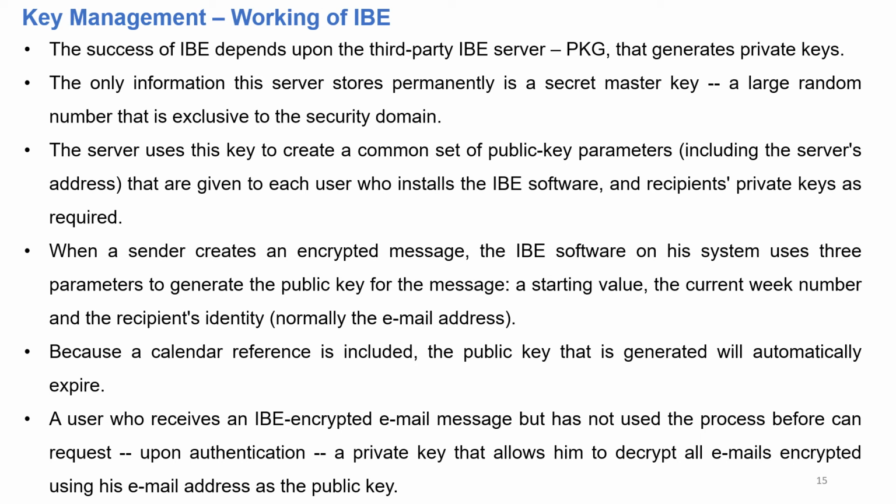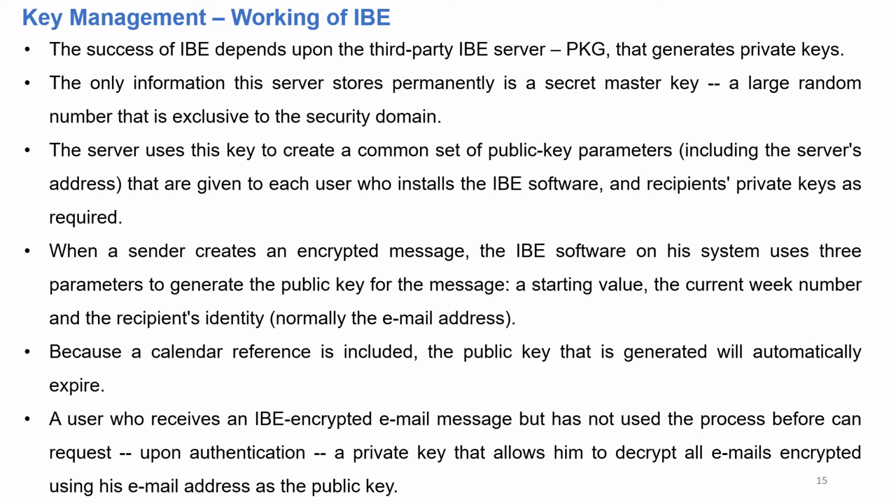Of course, you need IBE software to run this mechanism, and the recipient's private keys are required. So when a sender creates an encrypted message, the IBE software on the system uses three parameters to generate the public key for the message: a starting value, the current week number, and the recipient's identity, which is normally the email address.